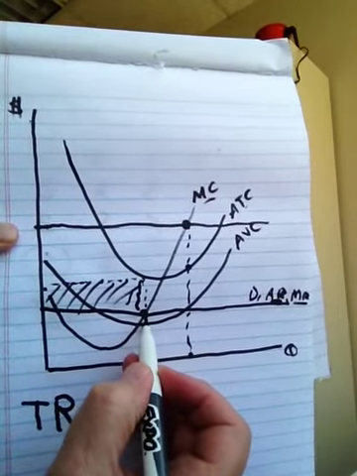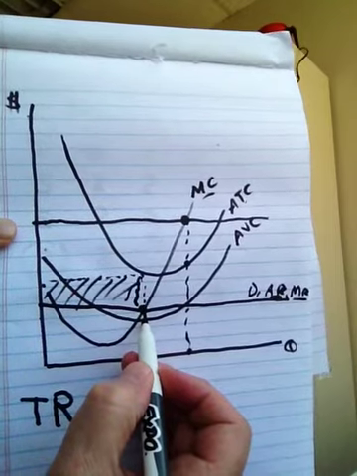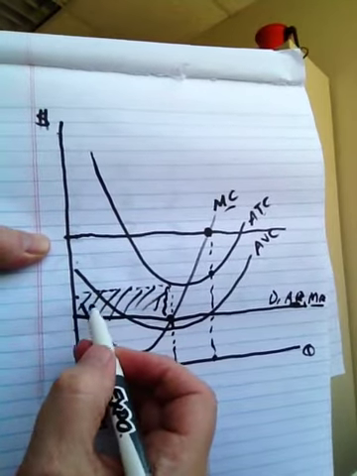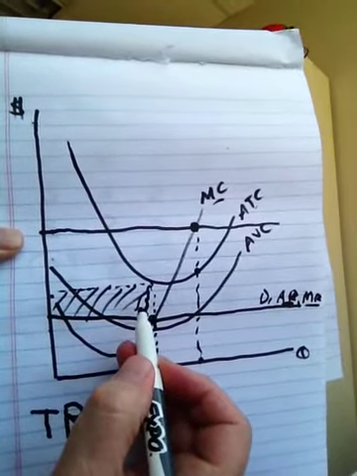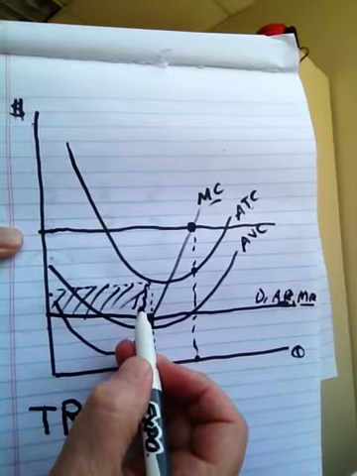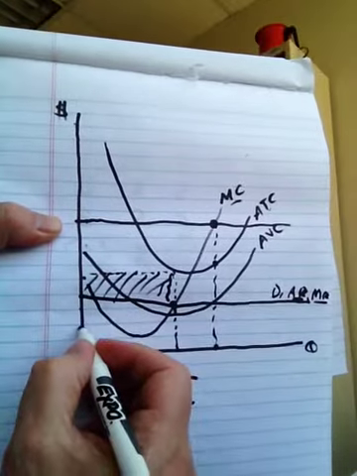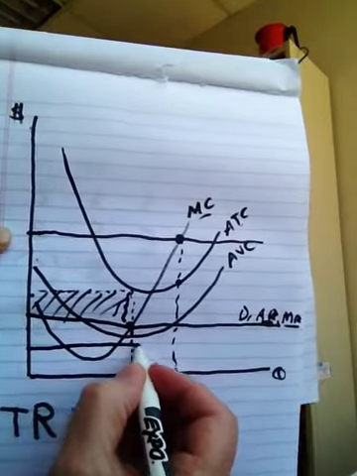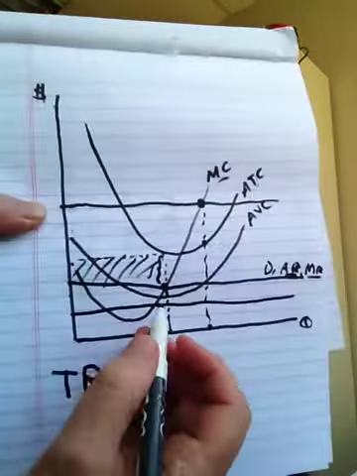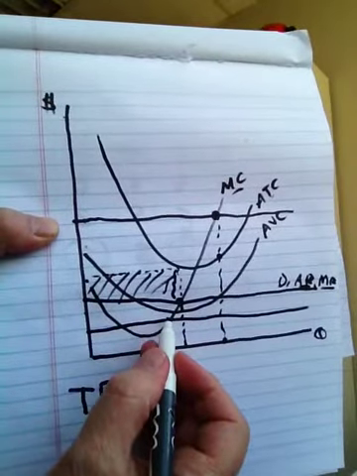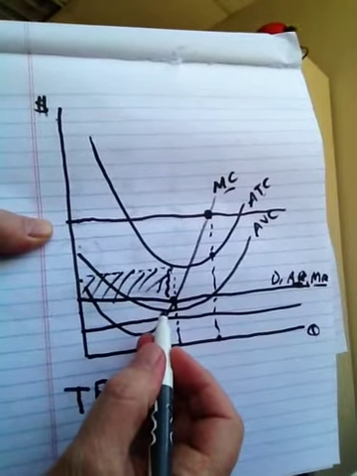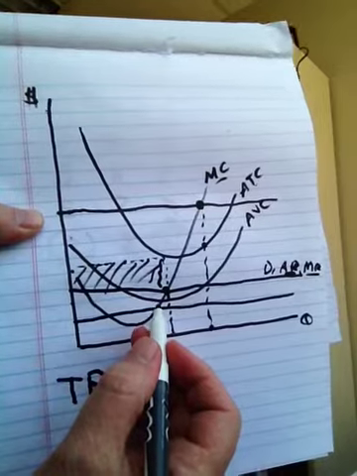His revenue is covering costs. This box right here represents losses, but he's going to swallow those losses rather than shut down, because shutting down would be more expensive. If the demand were to fall to say here, the demand curve, notice that he would not be covering his variable costs and would therefore shut down.